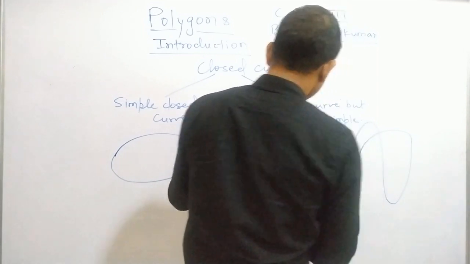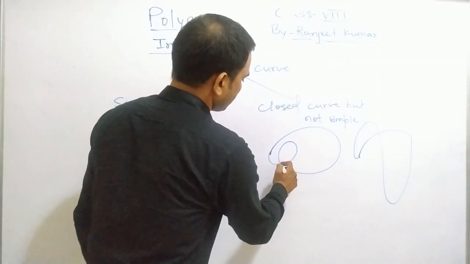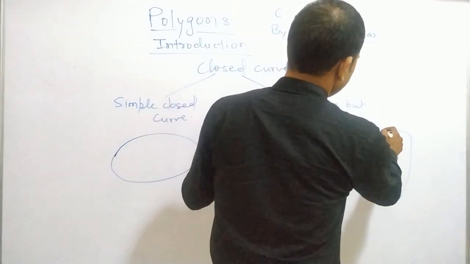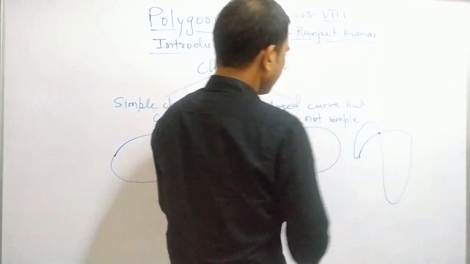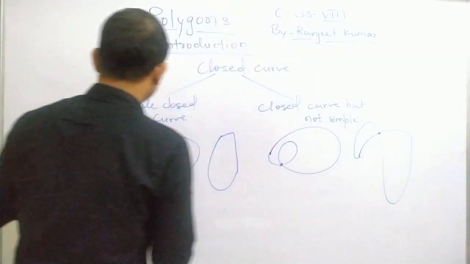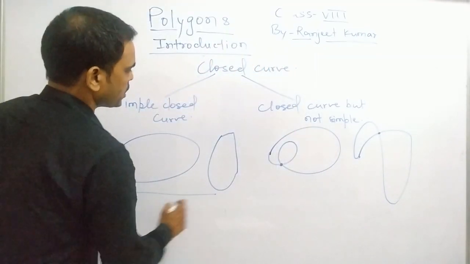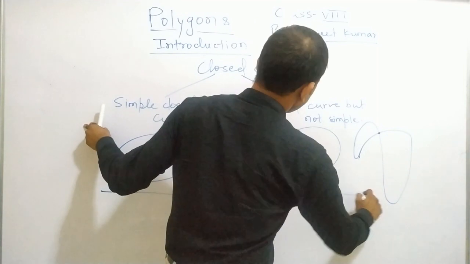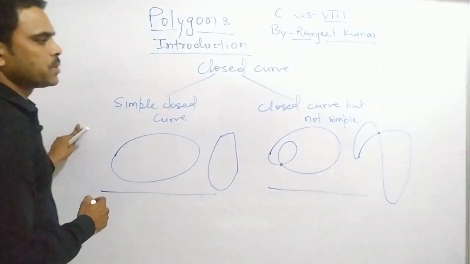Okay, you can see these two curves are being overlapped at a particular point. It's being intersected. Okay, so in this way, you can understand simple closed curve and closed curve but not simple.